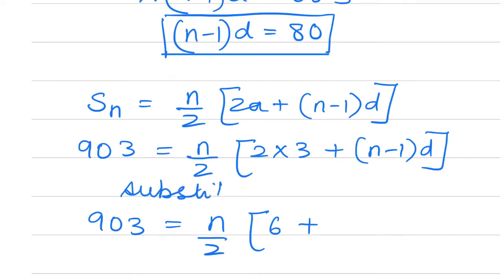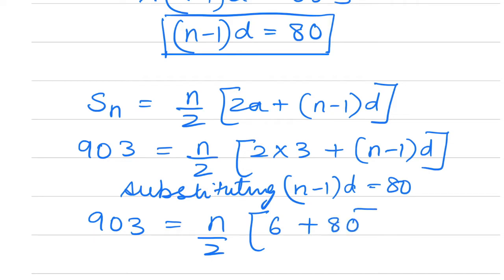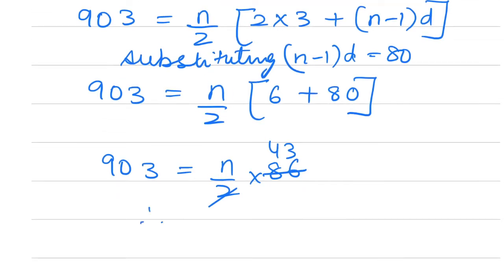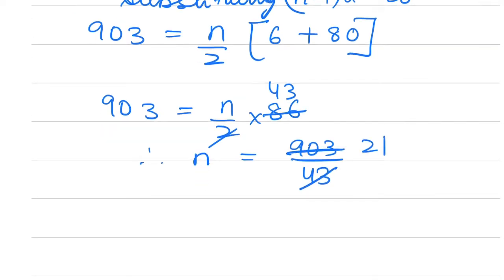So substituting n minus 1 into d is equal to 80, we have 903 is equal to n by 2 multiplied by 86. This becomes 43. Therefore, n is equal to 903 by 43. So 21. So n is equal to 21.